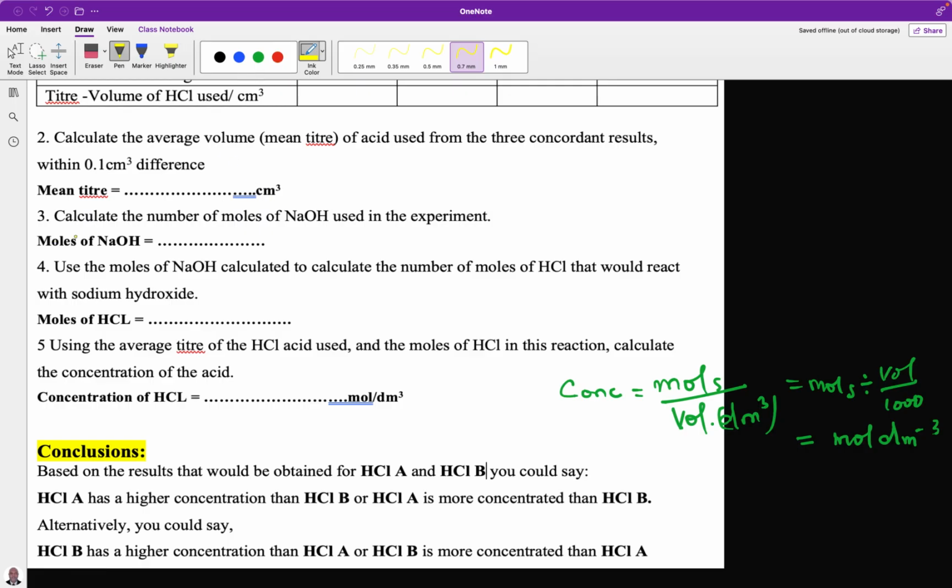Then secondly, calculate the number of moles of sodium hydroxide used in the experiment. The number of moles of sodium hydroxide will be what? Concentration is equal to moles all over volume.